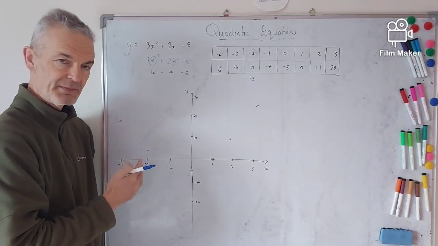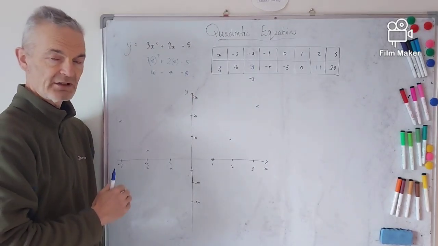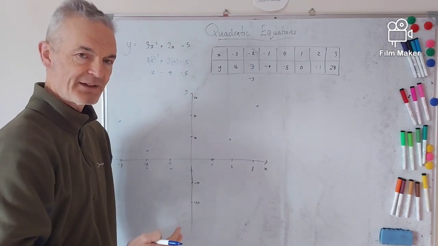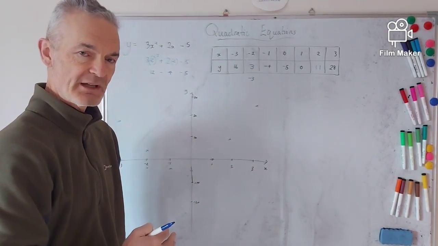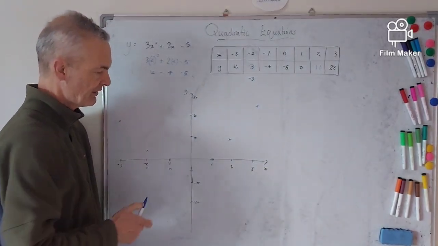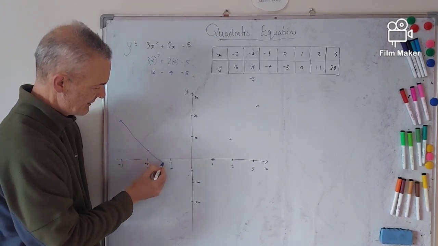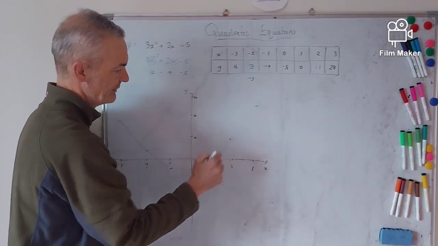Because a quadratic is going to give you a smooth curve, remember, called a parabola. If you're not sure about this, check my introduction to quadratics, where I talk about what shape curves you get and what they're called. So you should get a nice smooth curve, like I'm going to try and draw here. Like so.